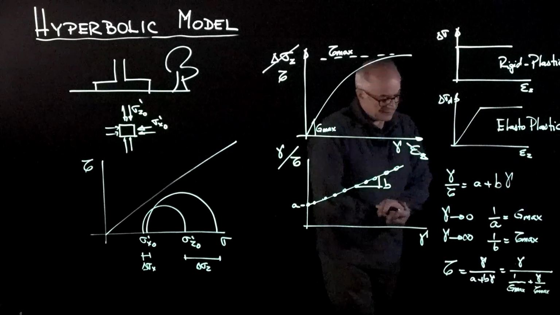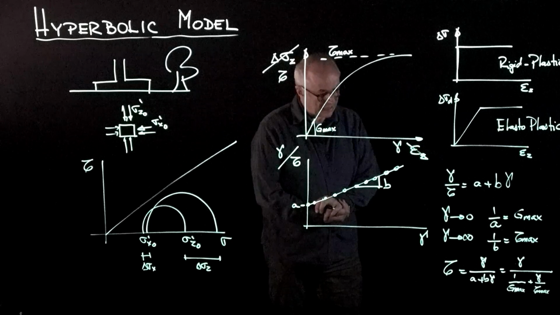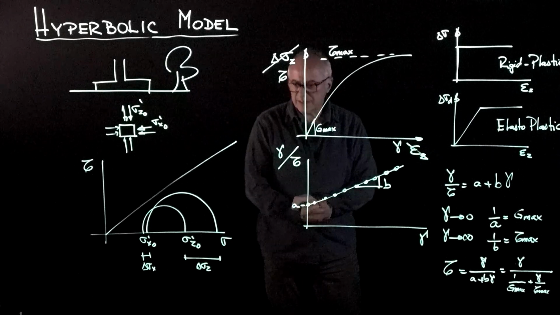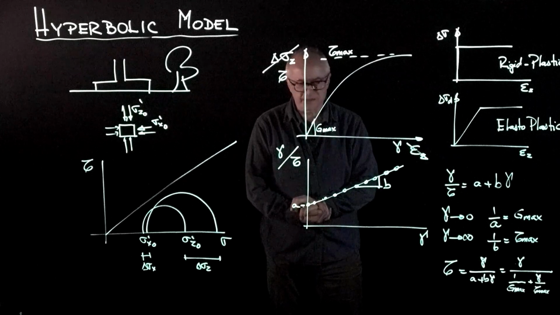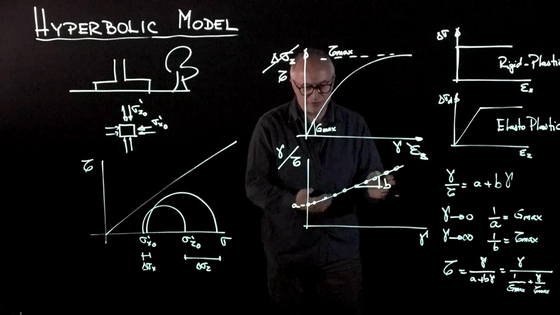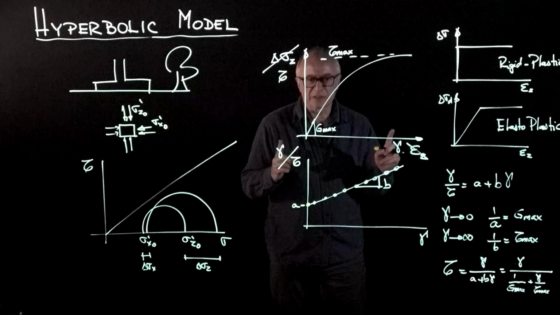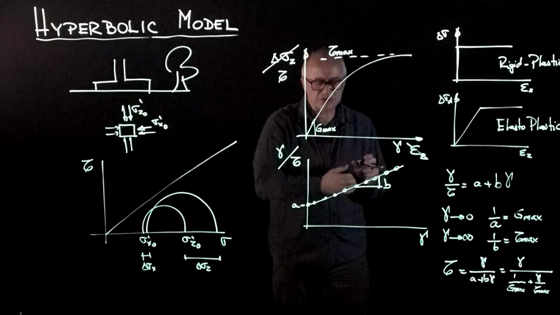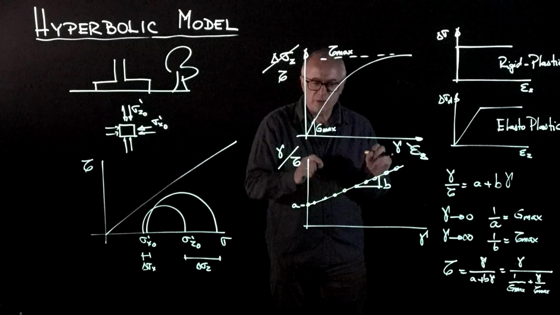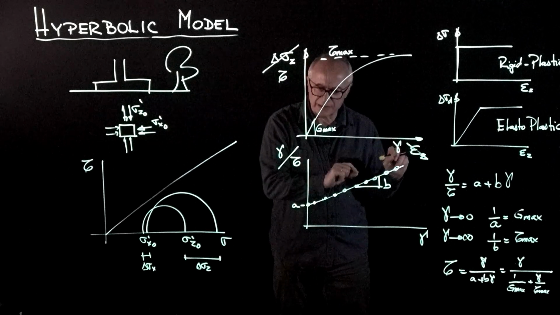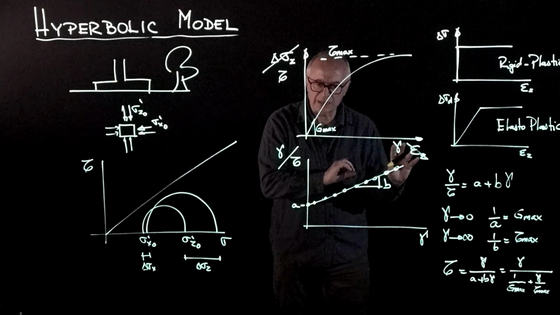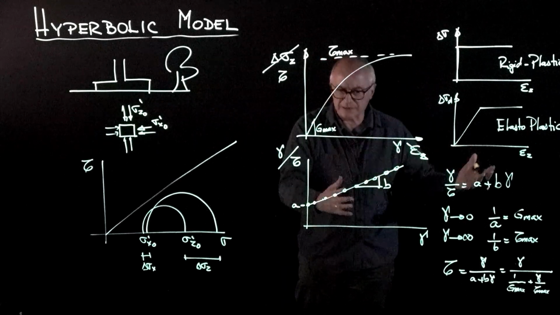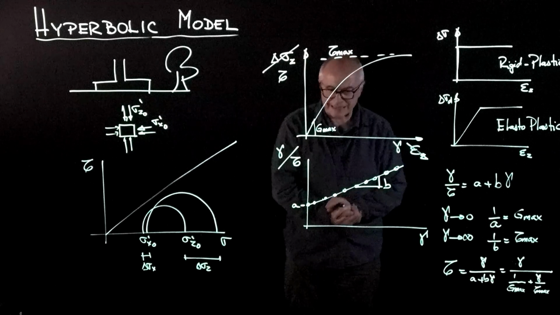And this is called the hyperbolic model for soils. And several interesting developments follow from this. Please notice that we are emphasizing stress-strain relationships. We are not looking at the volumetric strain. If we want to do that, then we fall into something like, for example, critical state soil mechanics.